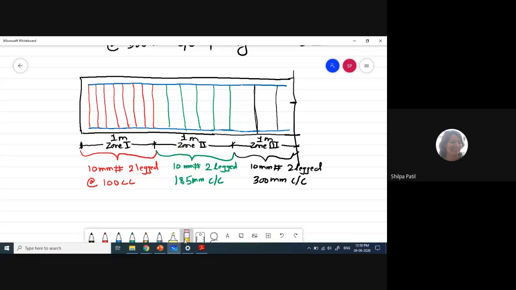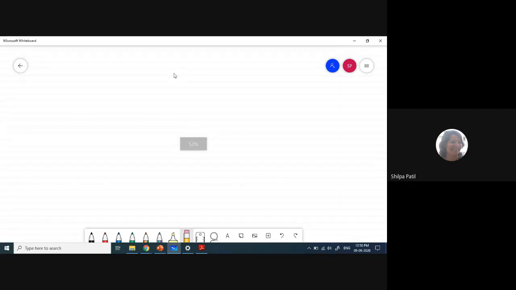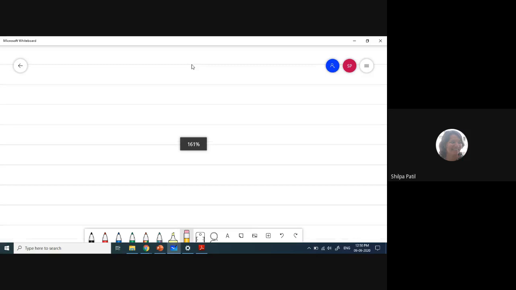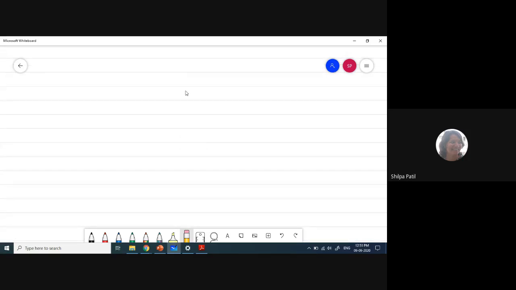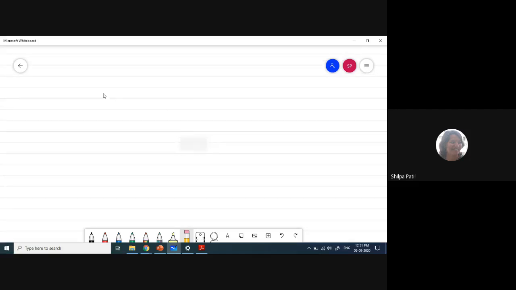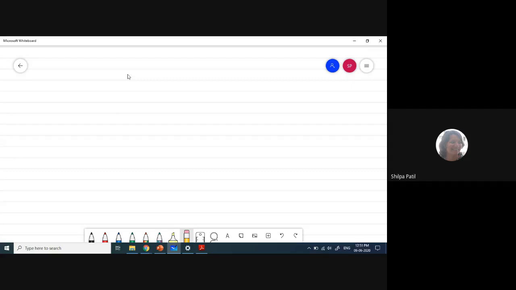I'm again going to clear the entire canvas here. And let us draw the diagram now. Okay. So I will again draw the diagram for a beam.